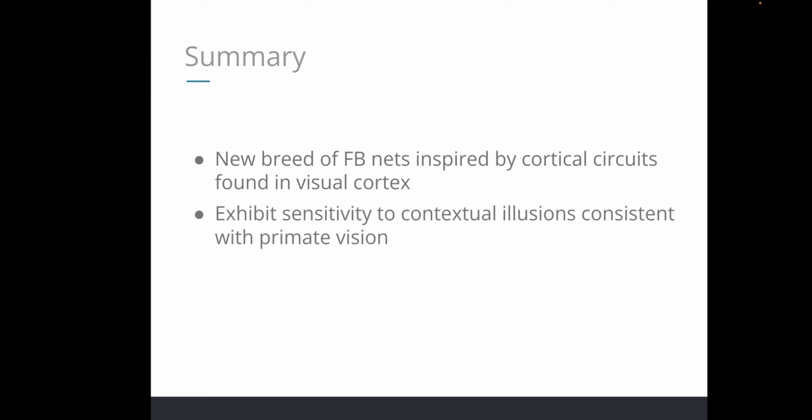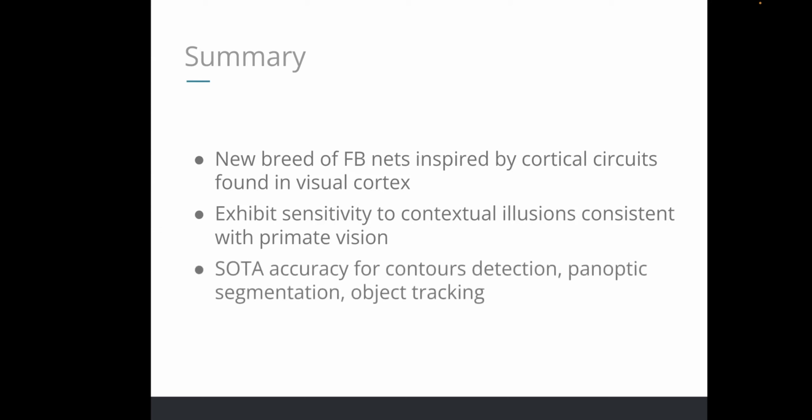They require much more training data. And when we do this, they do not exhibit the same sensitivity to contextual illusions as primates, and humans in particular, do. We've been able to push the state of the art by adding those feedback mechanisms on feedforward architectures for contour detection, for panoptic segmentation, and for object tracking.